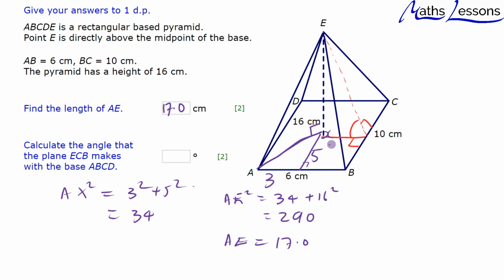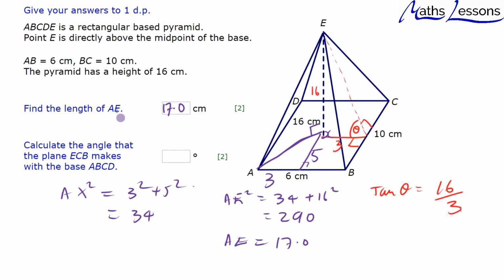So we know this length here is 3. We know this height here is 16. Okay, so we've got our triangle and we want to find this angle theta. So therefore tan theta will equal opposite over adjacent, so I'm doing this the wrong way around. That's going to be 16 over 3.